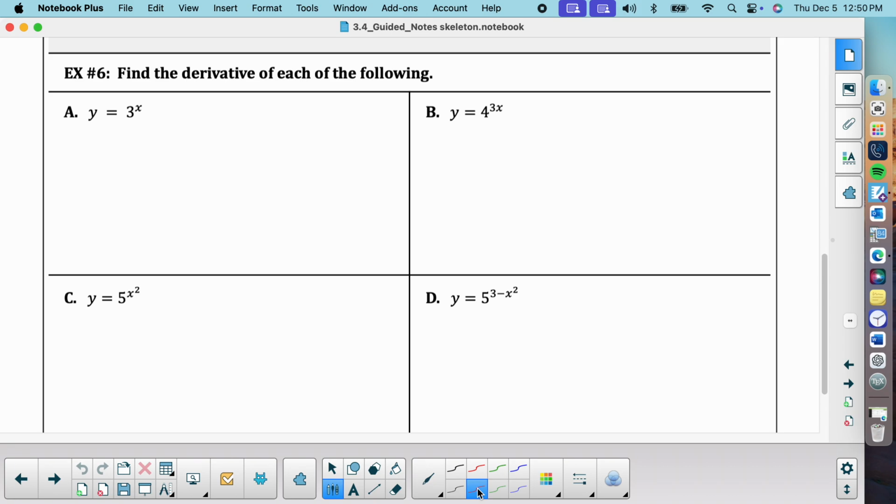Okay, so on this particular problem, A would be 4, because that's the base. U is going to be 3x.